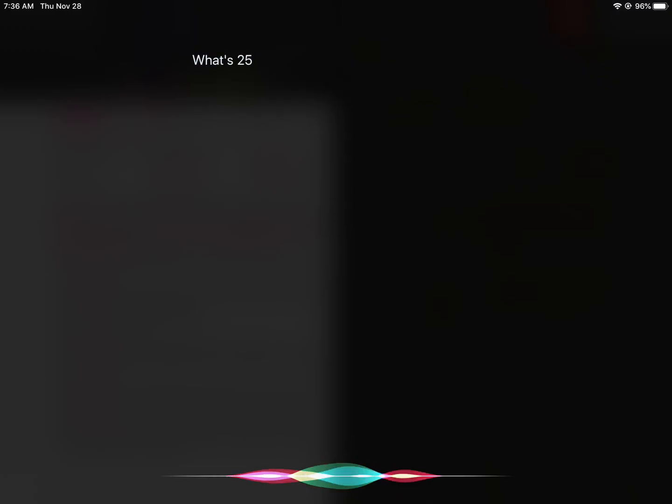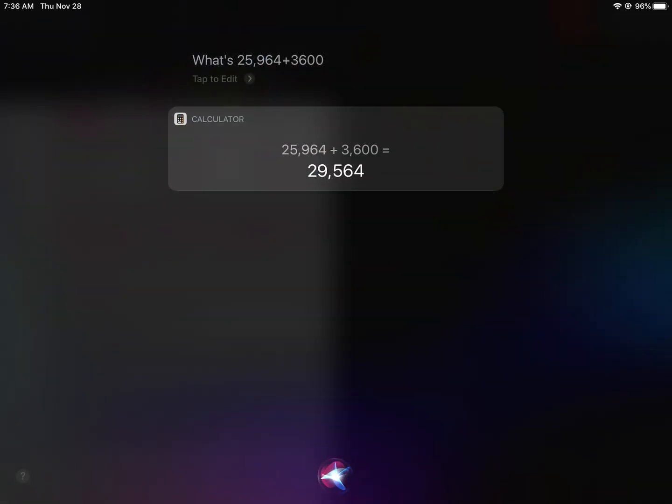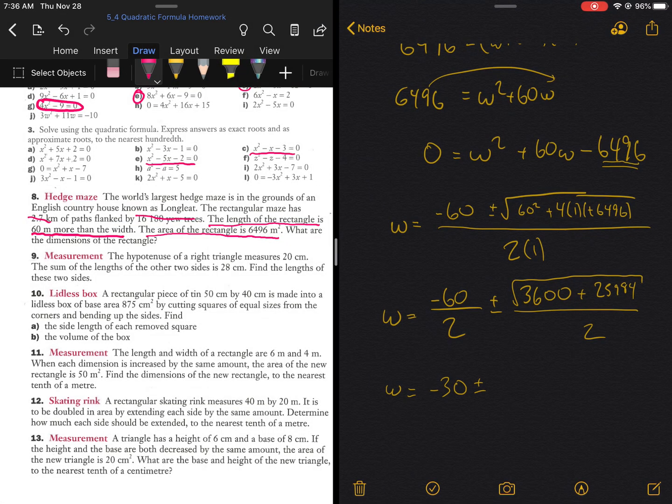Okay, so let's solve. W equals minus 30 plus or minus the square root of 29,584. And let's just verify that makes sense.